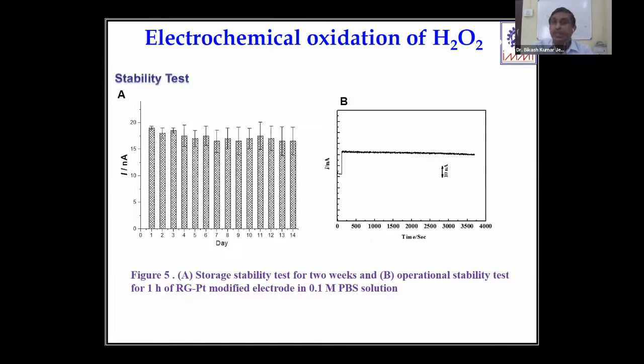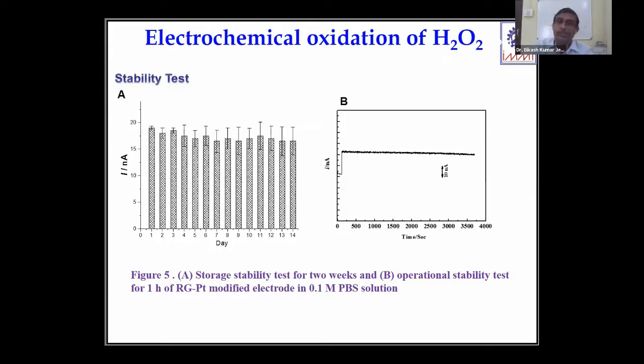And also we studied the stability. Suppose you develop an electrode, whether it is stable for a longer time or not, in terms of operational and storage stability. Operational means you do continuous measurement, and every time you check whether the current you are getting is similar or not.